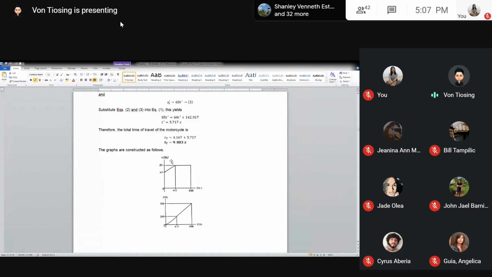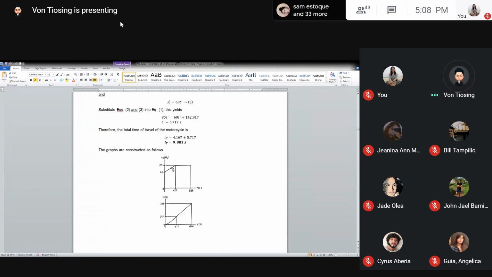So, how can we solve for the y coordinates of the displacement? Actually, you can also use our formulas, since this has a constant acceleration. But let's be general.